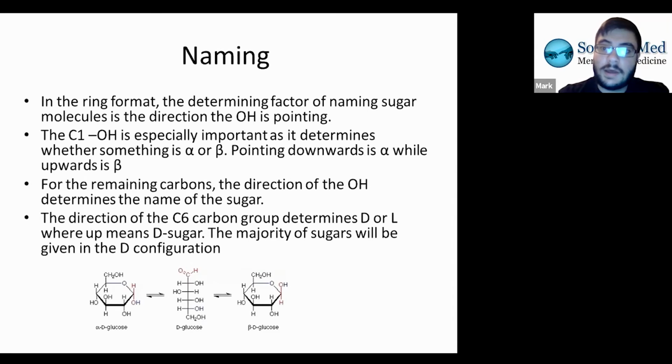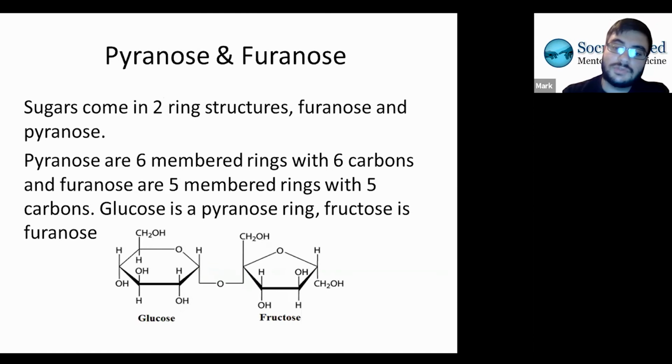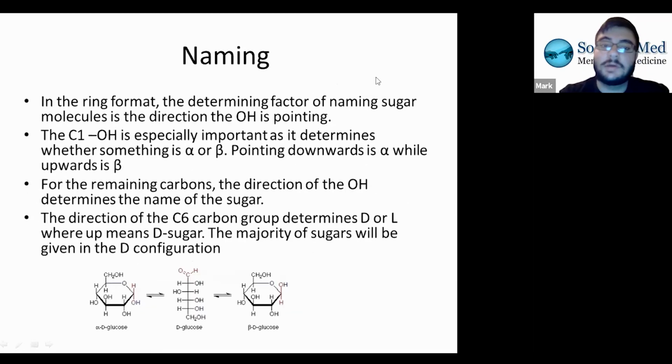Next, we want to talk about how to actually name these. So in the ring format, the determining factor of naming a sugar is the direction that the OH is pointing. So if you see here, some of these OHs are pointing up and some of these are pointing down. This is extremely important because if you reverse it, it's a completely different sugar, completely different molecule, at least in this ring structure. And that's how we name it.